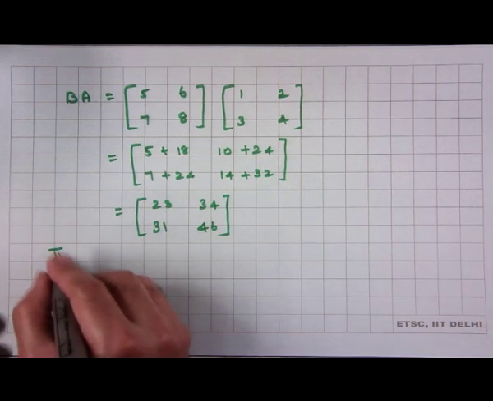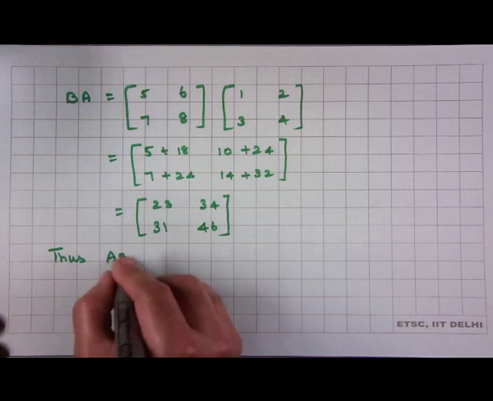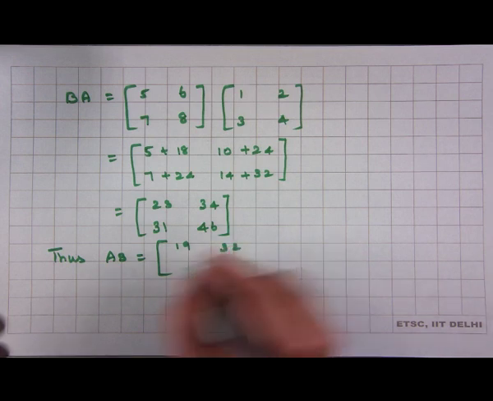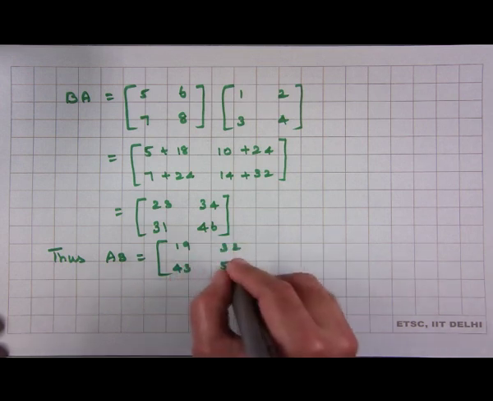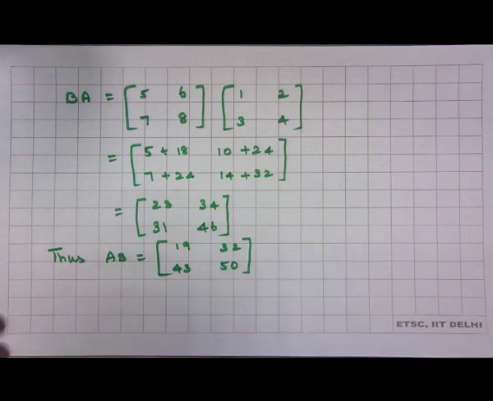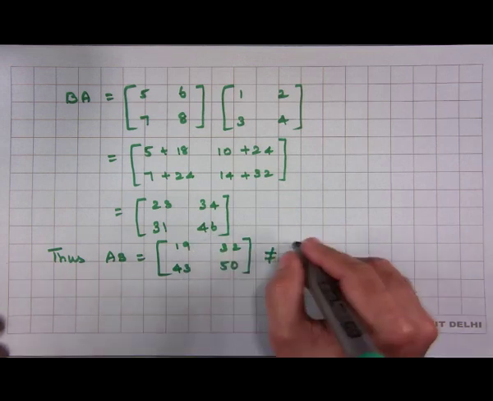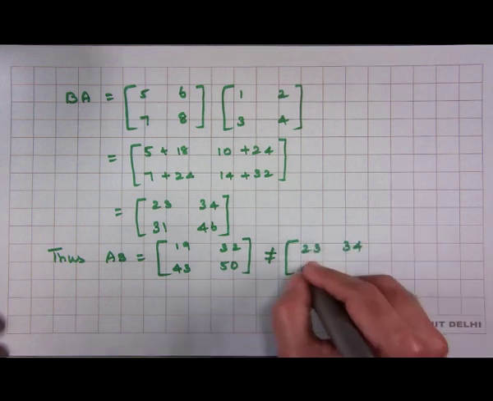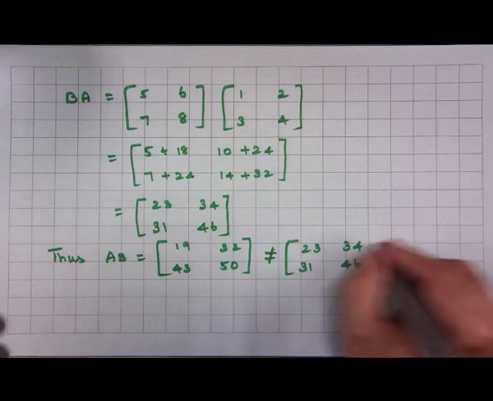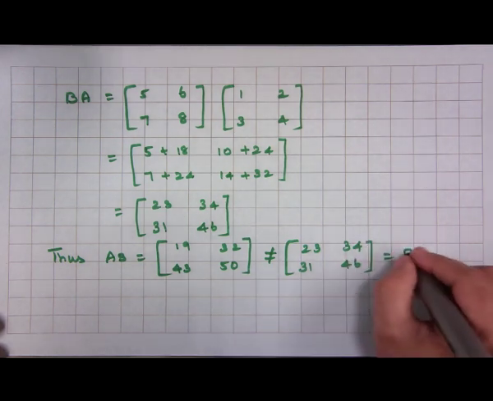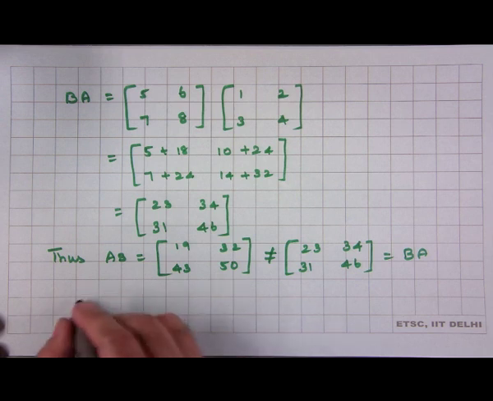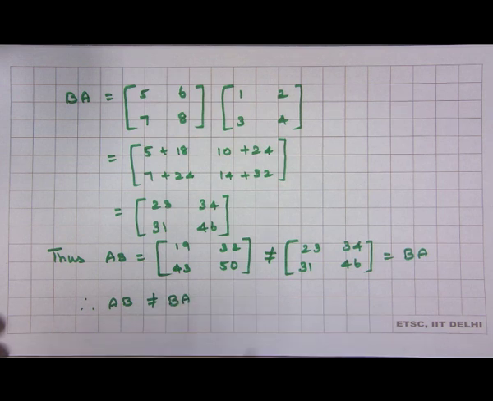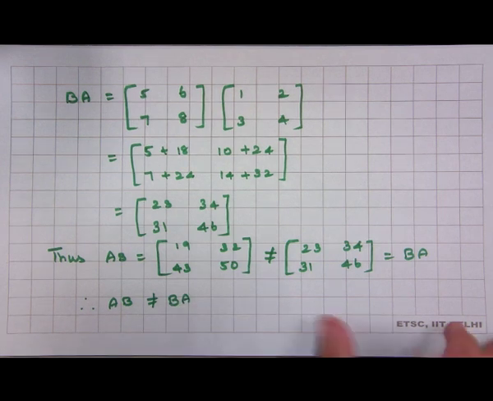Thus, AB, which is equal to 19, 32, 43 and 50, and you can notice that not even a single entry is equal to the entries of the matrix BA, 23, 34, 31 and 46. Therefore, AB is not equal to BA even when A and B are square matrices of same order.